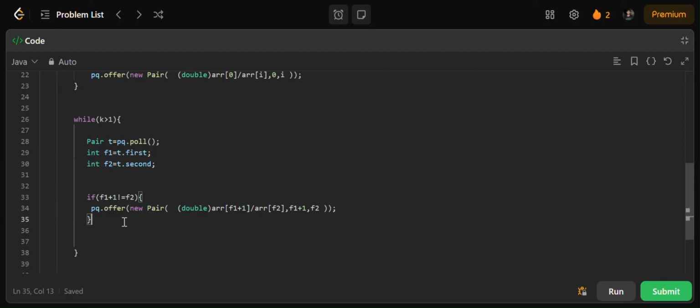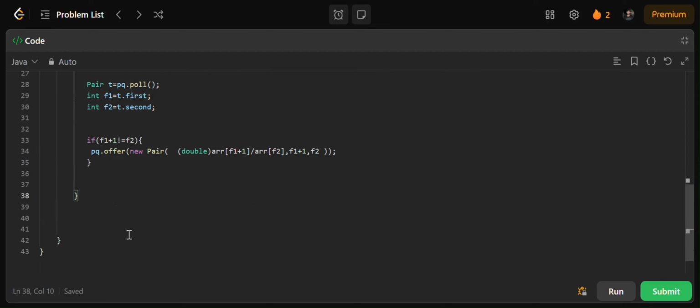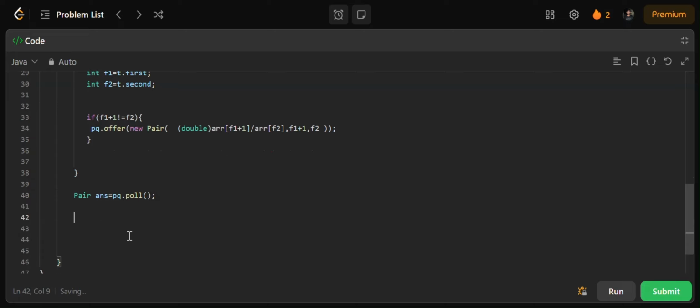We just push them, and after that what will be my answer? My answer will be what is in the priority queue top. But I know the indexes of my answer, so we have to return the values also.